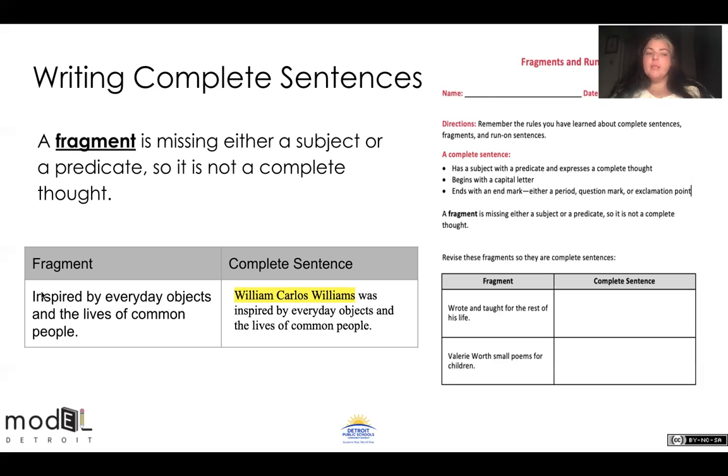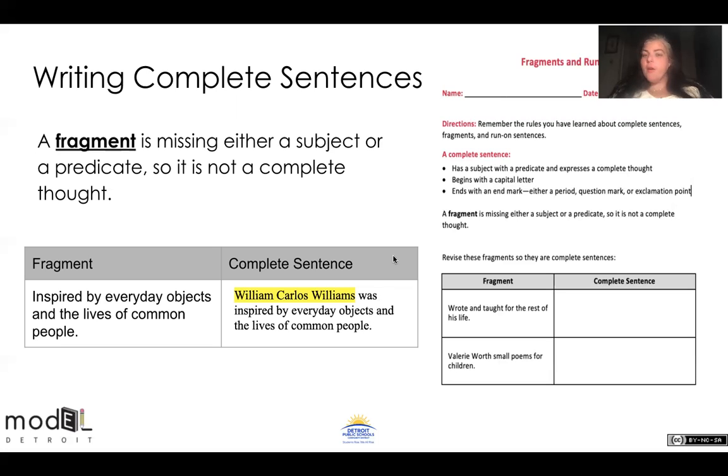Now, I did not capitalize the I in inspired because that is not the beginning of my sentence. William is the beginning of my sentence, and also that is a proper noun. So that is why that is capitalized. So I lowercase the I in inspired. So William Carlos Williams was inspired by everyday objects and the lives of common people.